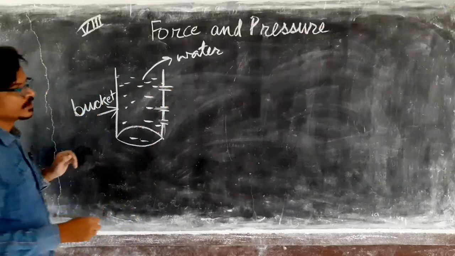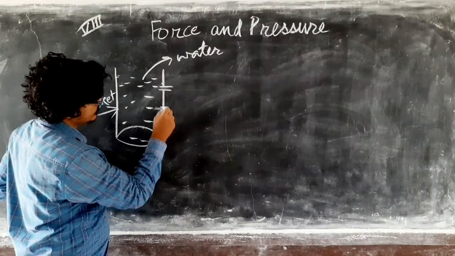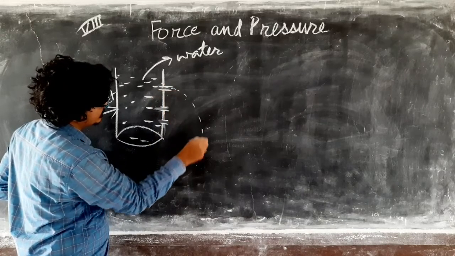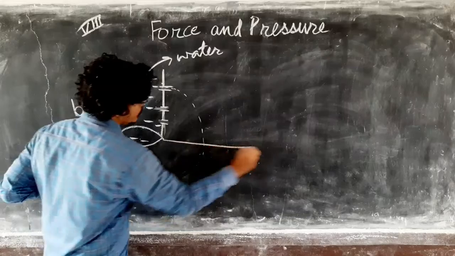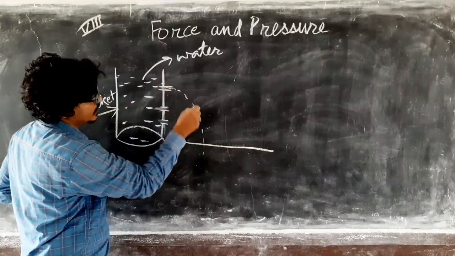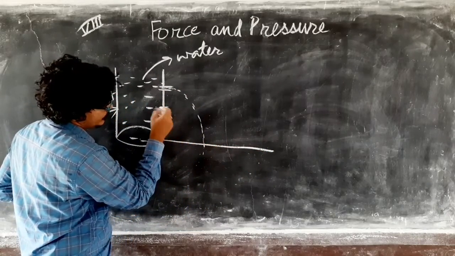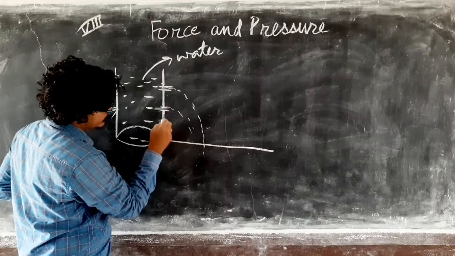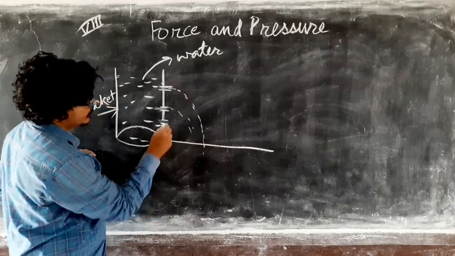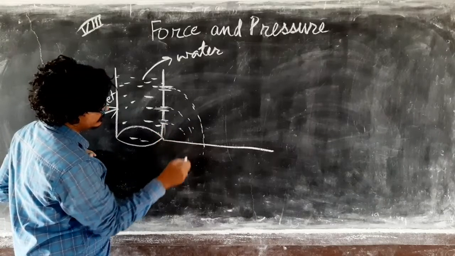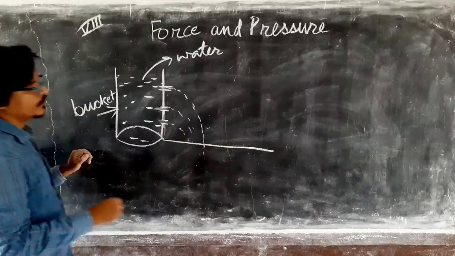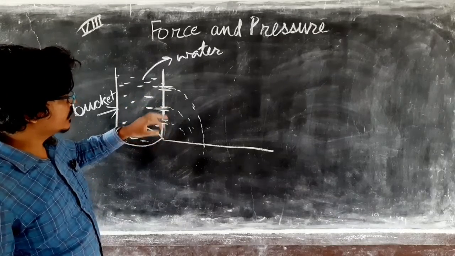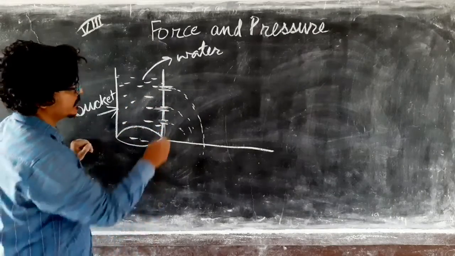So what will you observe? You will observe that from here water is falling somewhere on the ground at this range. From here water is falling, and from this one water may be falling something like this, or water may be falling something like this. So you will observe that for the holes at different heights, water is not falling at the same point.